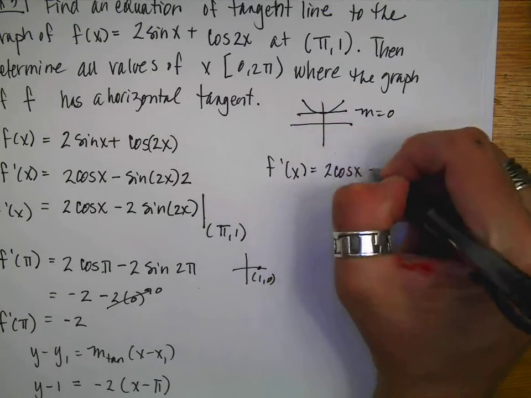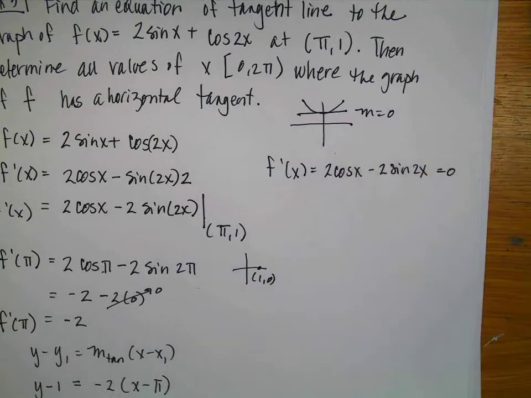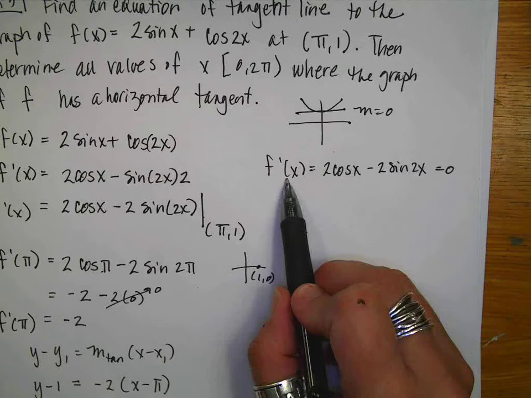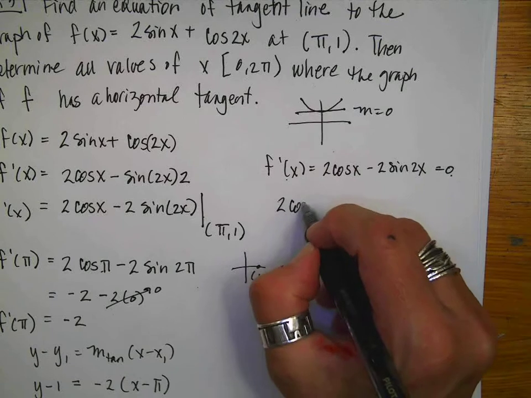It was 2 cosine x minus 2 sine of 2x, and I'm going to set that derivative equal to 0. This is an important step for the reader to see, because if you're looking for a horizontal tangent, that means that you're setting the slope equal to 0. They need to see that step.